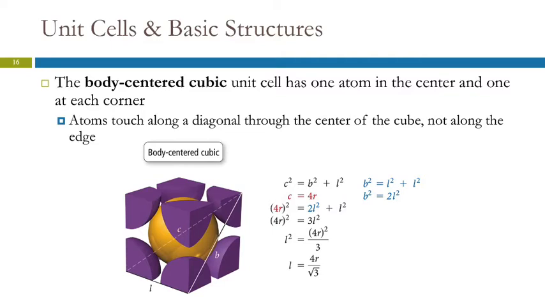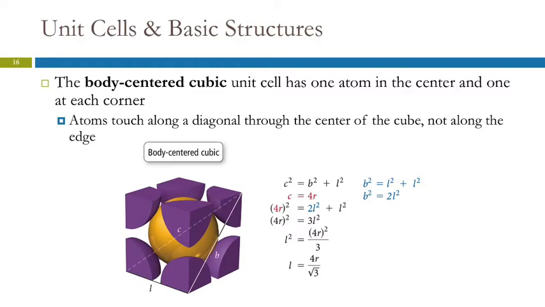So a body-centered cubic is also a cubic unit cell. The angles are 90 degrees, and the length of each edge is the same. But now we have one atom in the center. That's what it means by body-centered. And then we have 1/8 of an atom at each corner.